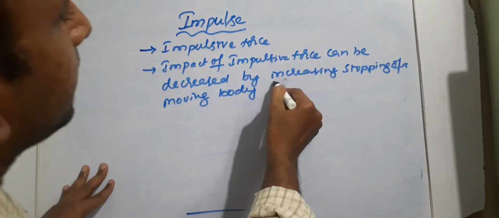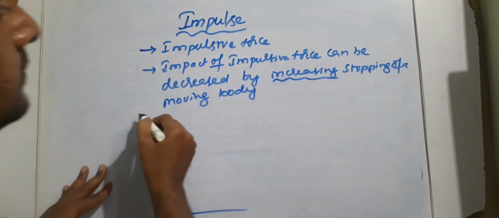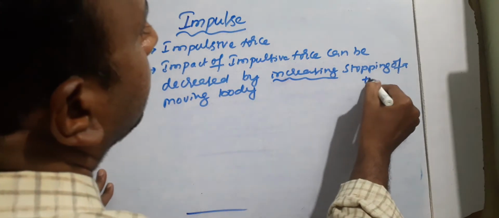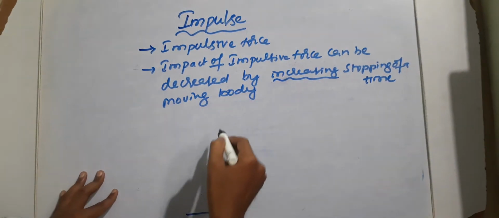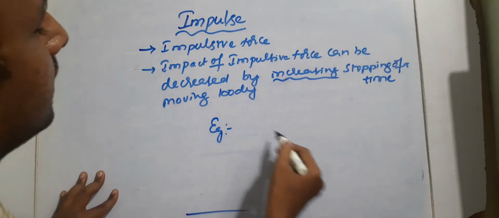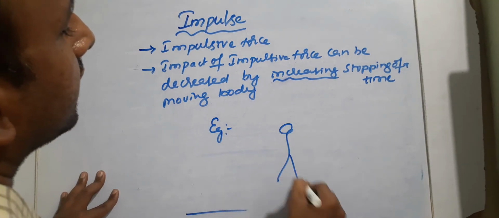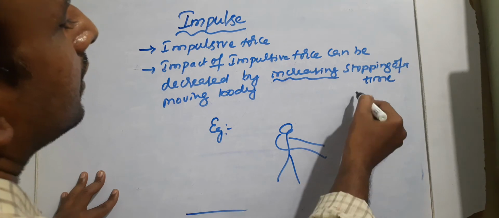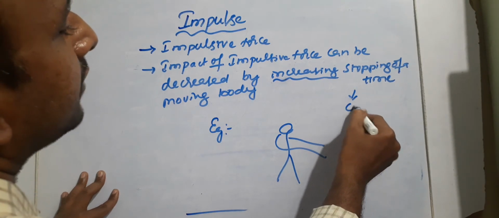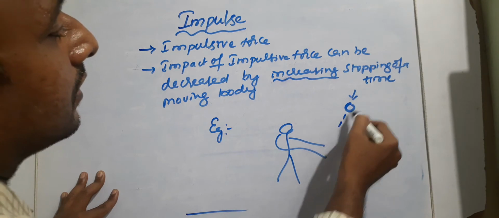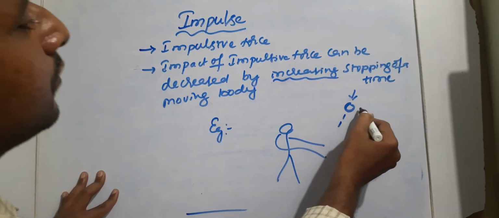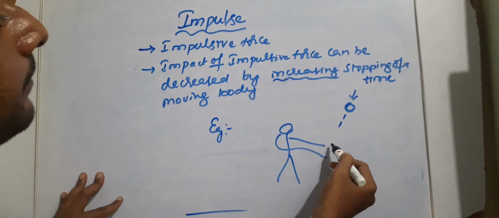When you increase the stopping time of a moving body, for example, a fielder in the cricket ground, and this is the fast moving ball in the air, the ball is a moving body.